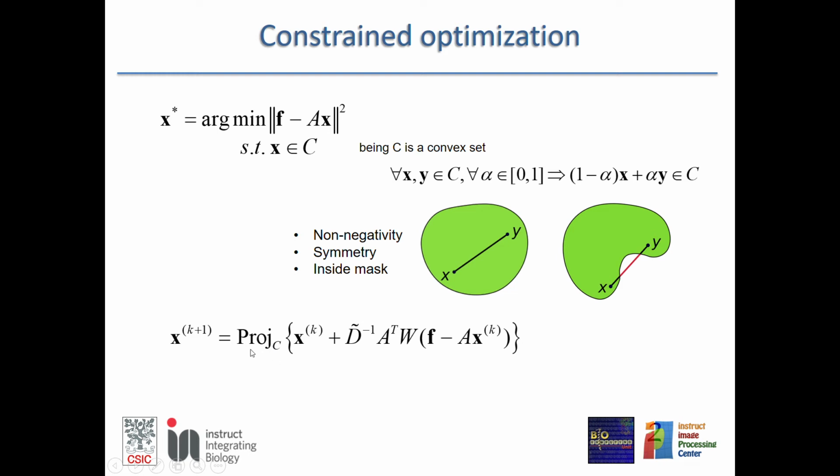So for instance, a suitable projection for a non-negative 3D reconstruction is to simply clip the negative values and set them to 0. Or for a symmetric set, what you do is you symmetrize your volume after making the 3D reconstruction update.